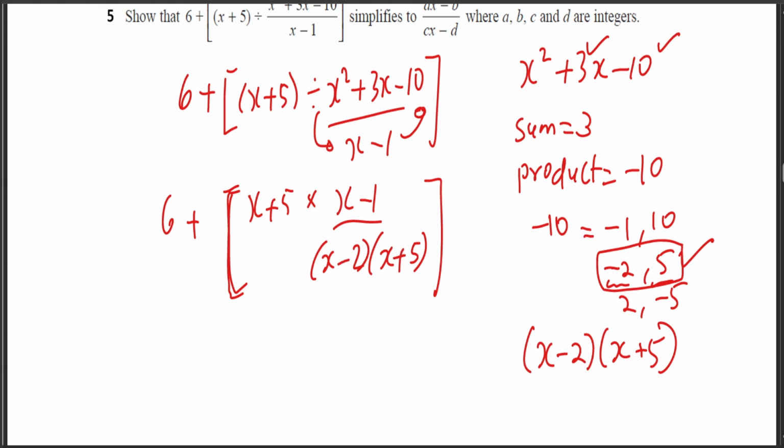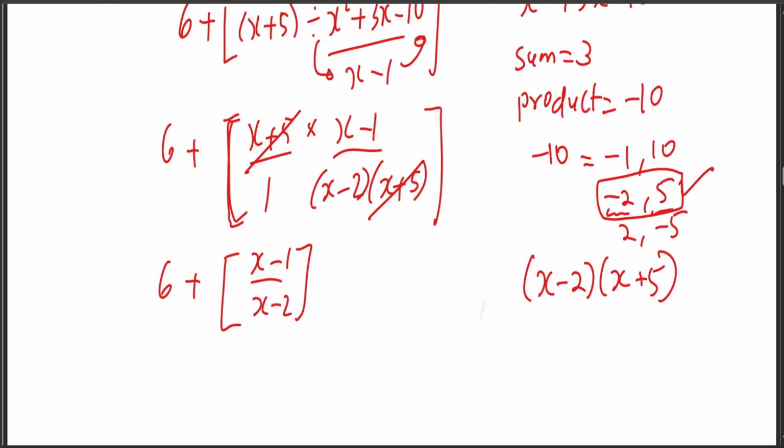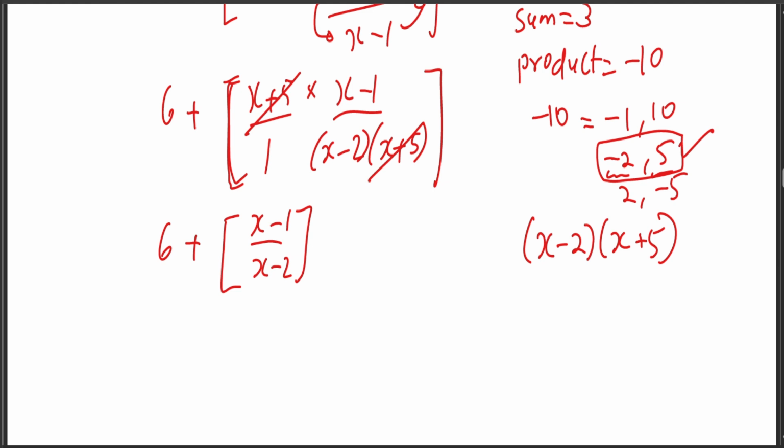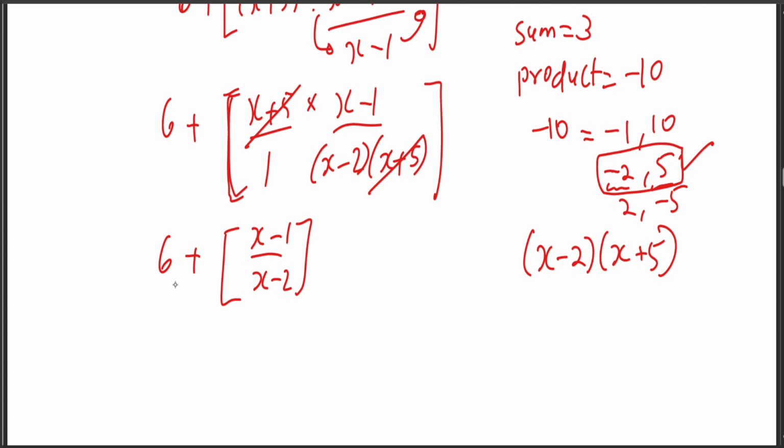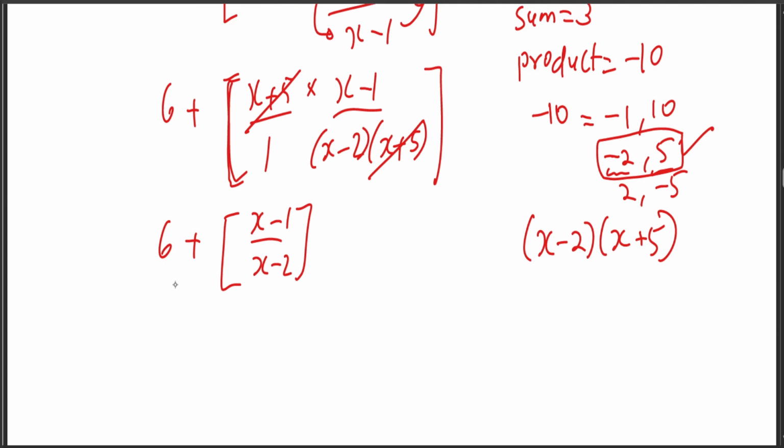Now obviously if you're multiplying, this and this cancel each other, and you remain with 6 plus into bracket x minus 1 over x minus 2. Now since you have reached this stage, what are you going to do? If you open up the bracket, it will be 6 plus x minus 1 over x minus 2.